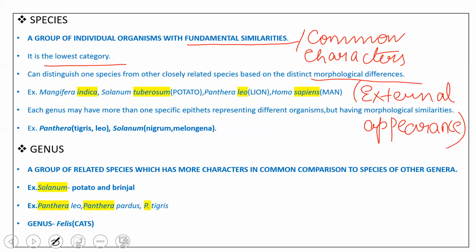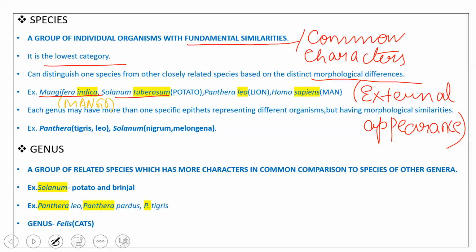Some species examples are Mangifera indica and Solanum tuberosum. We all know Mangifera indica is mango. Solanum tuberosum is the scientific name of potato. Some animal examples are Panthera leo, which is lion, and Homo sapiens, which is man or human being.